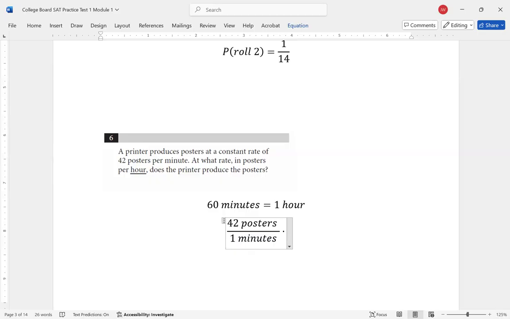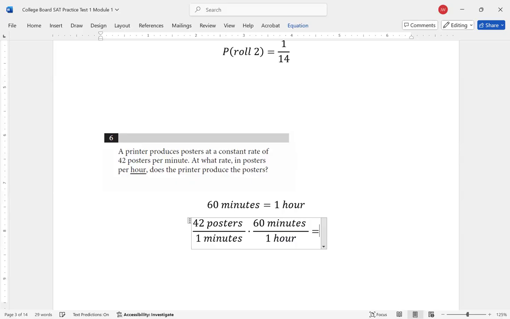And then the way to translate posters per minute to posters per hour is do another multiplication using the fact that 60 minutes is 1 hour. In order to get the minutes labels to cancel out, I'd put the 60 minutes on top and the 1 hour on bottom.